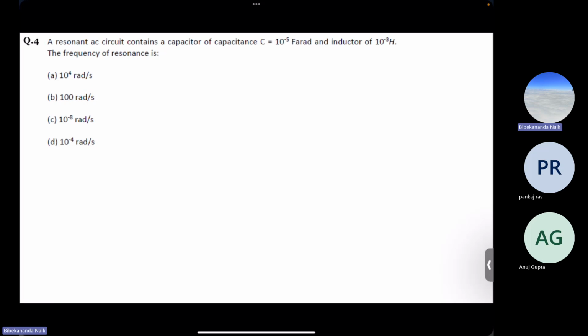So here an AC circuit is given which has a capacitor as well as an inductor. Capacitor has capacitance 10 to the power minus 5 farad, and inductor has inductance 10 to the power minus 3 Henry.